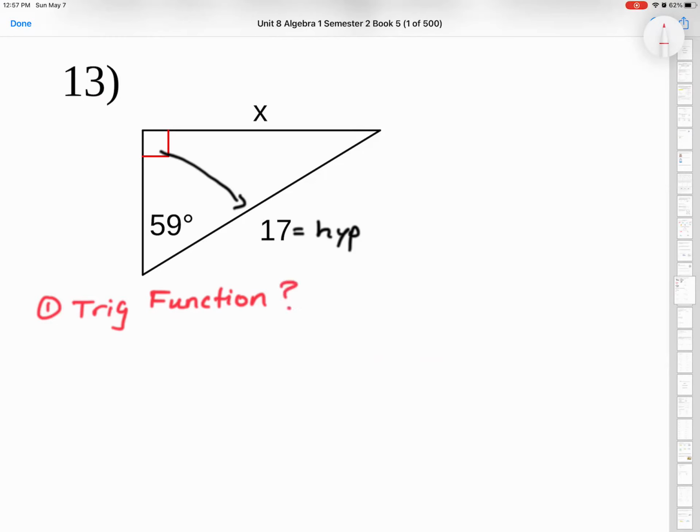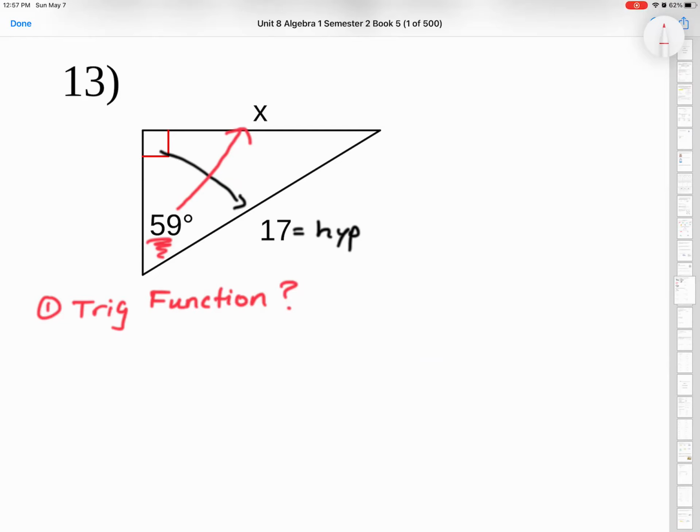Well, that depends on the information that we're given. So we see here's our angle measure. And based upon this angle measure, where it's at, we have the side length opposite of that we're trying to find. So if we're looking for that value, that opposite would include sine or tangent. One of those two. Cosine's out because cosine just has adjacent.